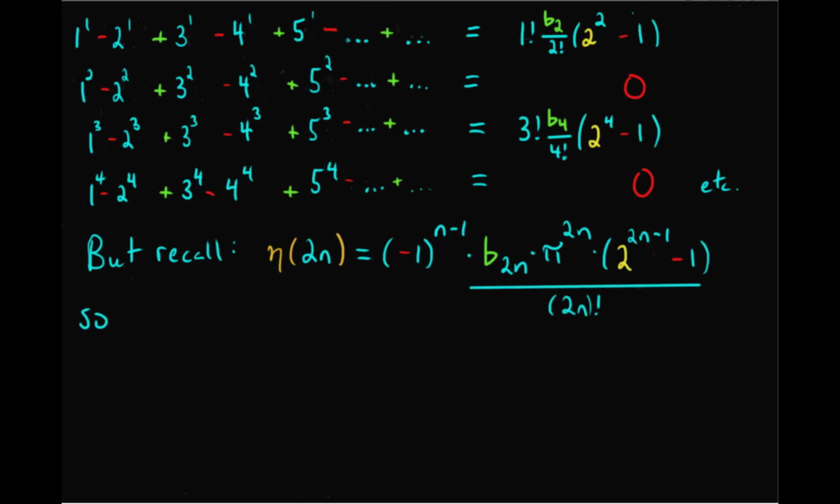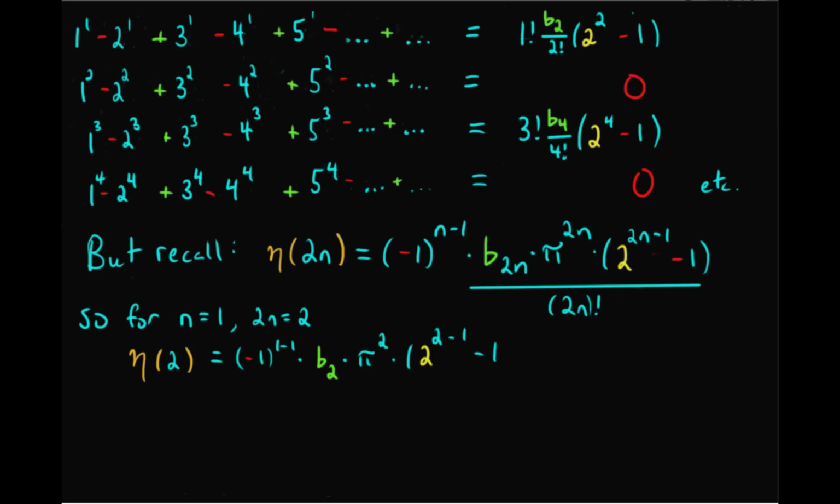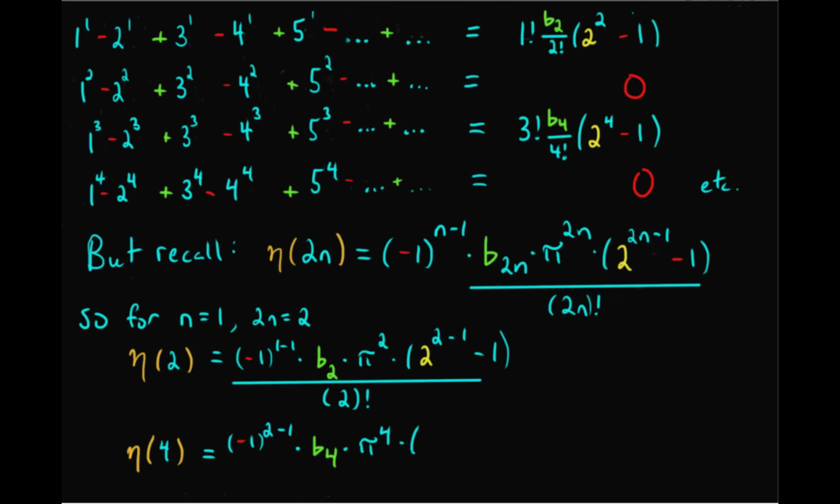So then we have, for example, letting n equal 1 and 2n equaling 2, eta of 2 will be negative 1 to the 1 minus 1 times b sub 2 times pi squared times 2 to the second power minus 1 minus 1, close parenthesis, all over 2 factorial. Letting n equal 2 and 2n equaling 4, eta of 4 will equal negative 1 to the 2 minus 1 times b sub 4 times pi to the 4th times the quantity 2 to the 4th minus 1 minus 1, all over 4 factorial.